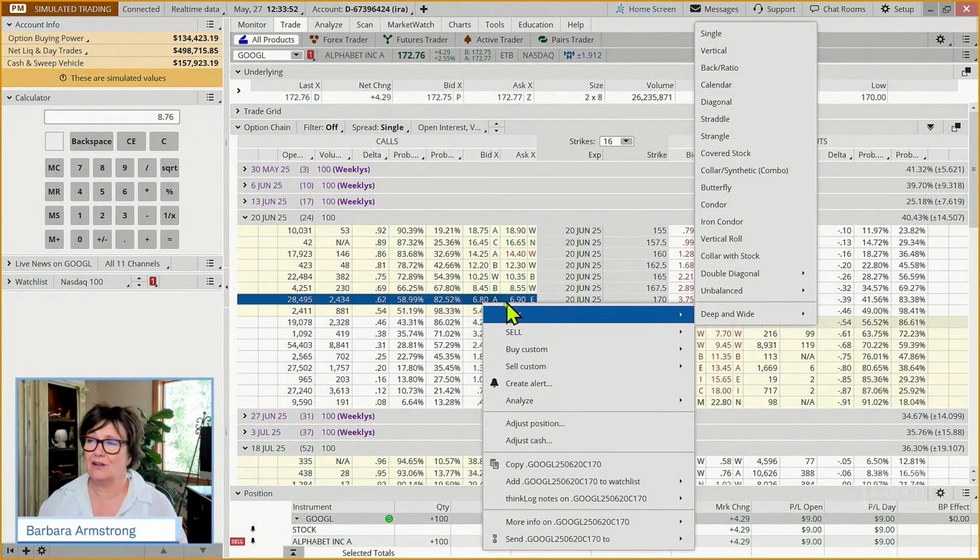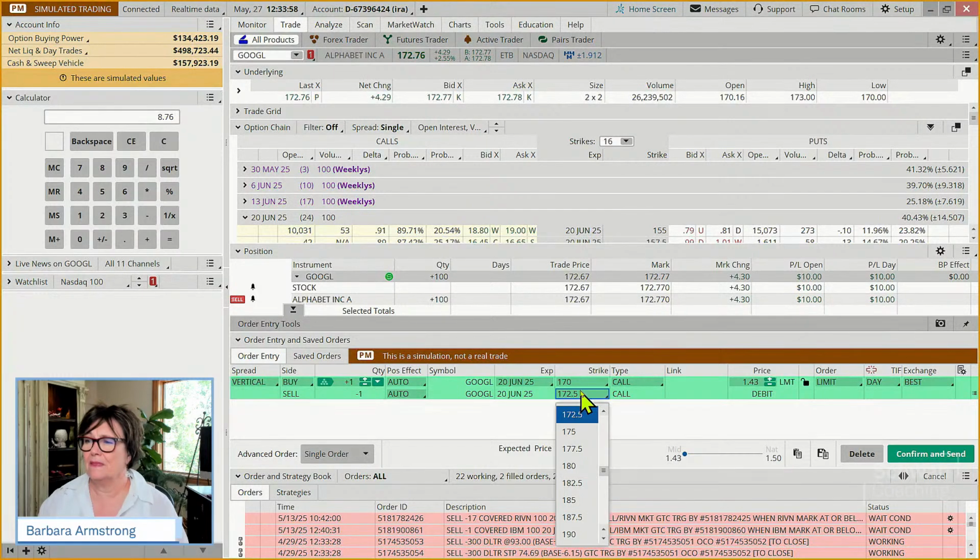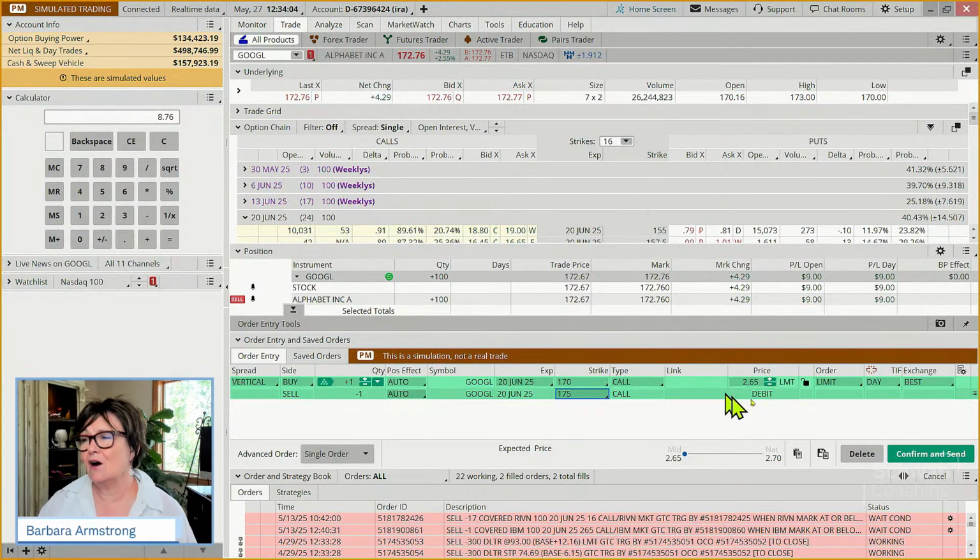But it's more than $500, and if I buy that call, I could lose the whole amount. So I'm going to buy the 170, sell the 175. Now that 175 is going to cap my potential gain, but it's going to limit my risk to $268.